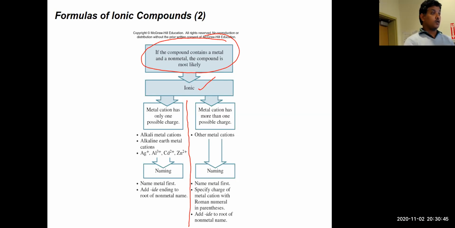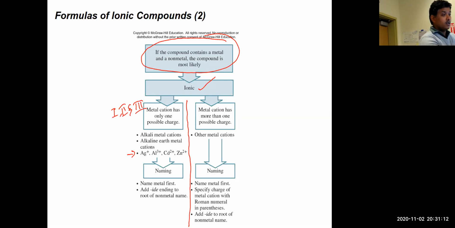If you have a metal from group 1, 2, and 3, your life is going to be relatively easier because they will have fixed charges. And there are some more that have fixed charges as well that you need to remember. But just look for elements from group 1, 2, 3. If you have them, this is how you would name.